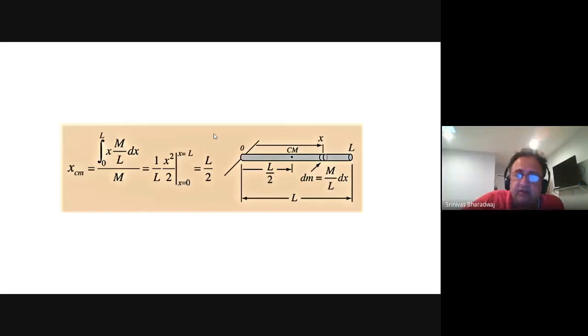So what you do is, at every distance x, you calculate the corresponding length, and then you evaluate. The dm will not be m by l dx, but it will be proportionate to the length there.